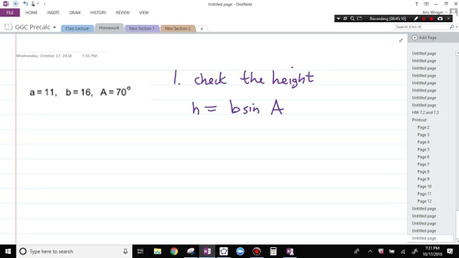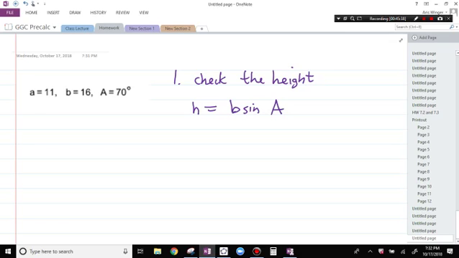Now, if they're being bad and they switch the letters, you still use the other side times the sine of the angle that you're given, right? So if they gave you little c and capital C, and then little b, then that would just be capital C. But they're being good with the notation, I think. So let's calculate that first, and hopefully 11 is more than that.